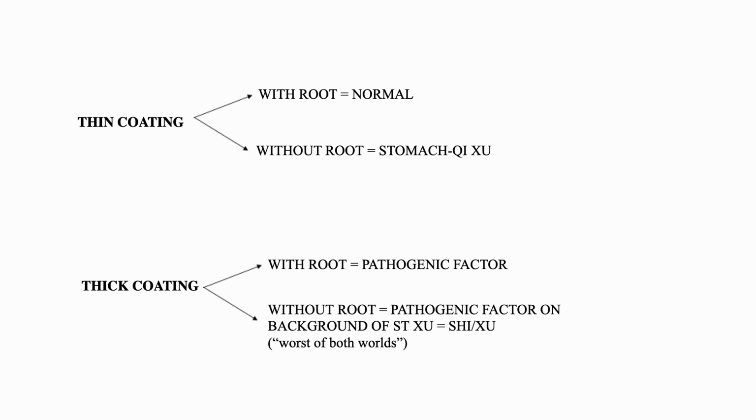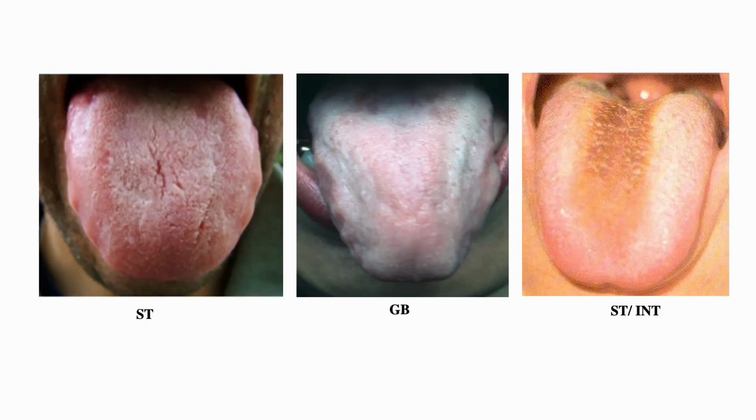Therefore, if we are treating a patient with a thick tongue coating, we should expect it to become gradually thinner. In some cases, a thick tongue coating can revert back to normal even after a very short time. A thick coating may be with or without root, but the clinical significance of its thickness is the same. That is, it reflects the strength of a pathogenic factor.